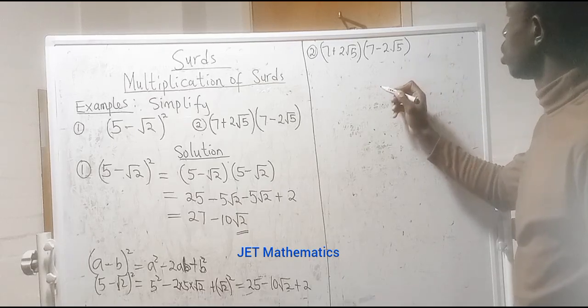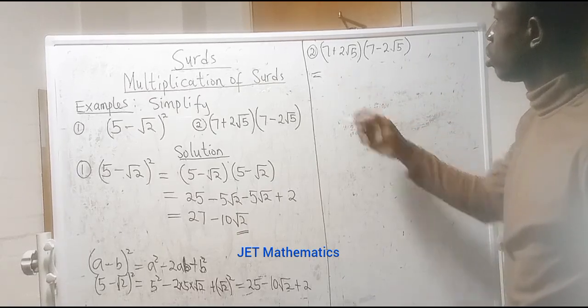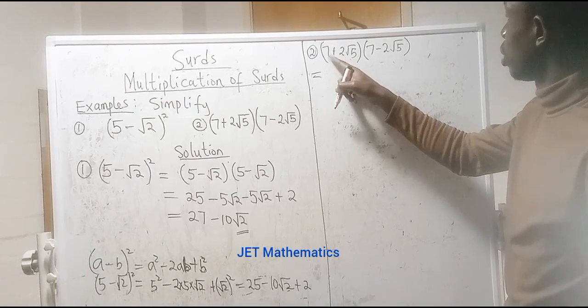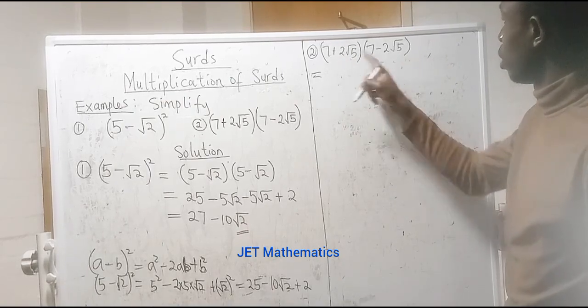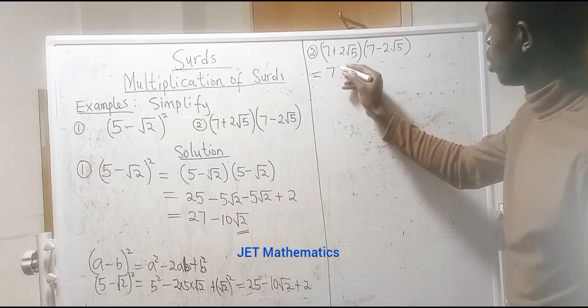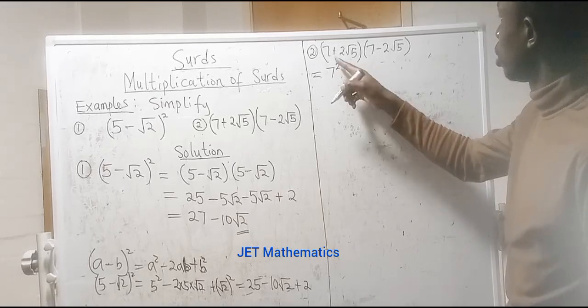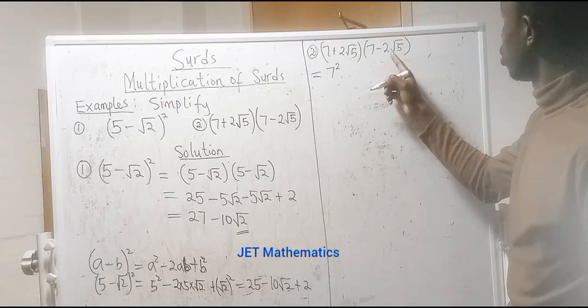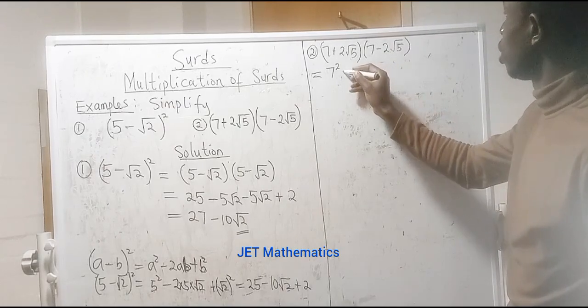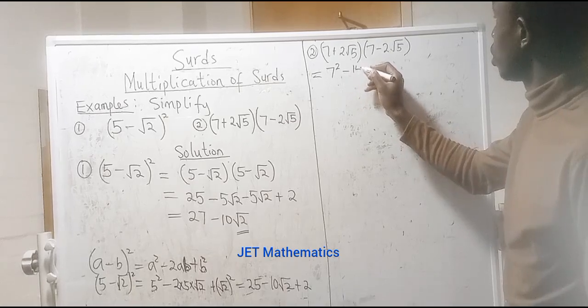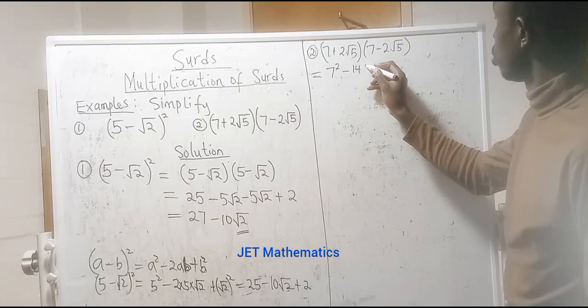So we say this 7 multiplies everything here, so 7 times 7 is 7 squared, and then 7 times minus 2 root 5 is minus 14 root 5.